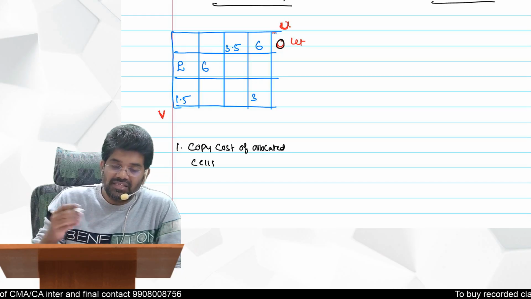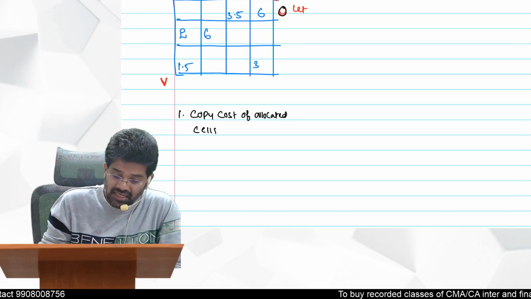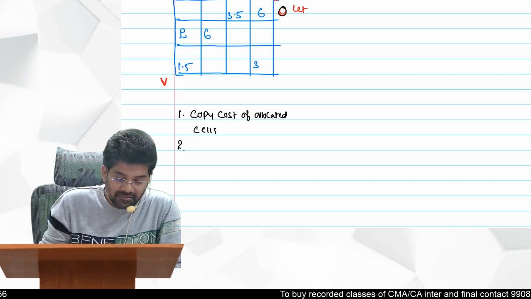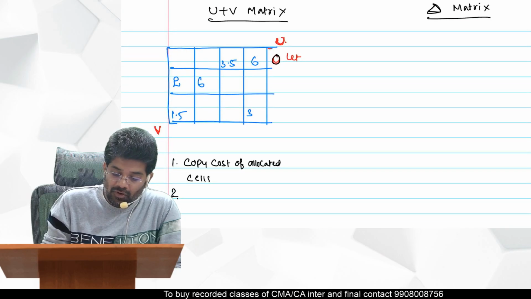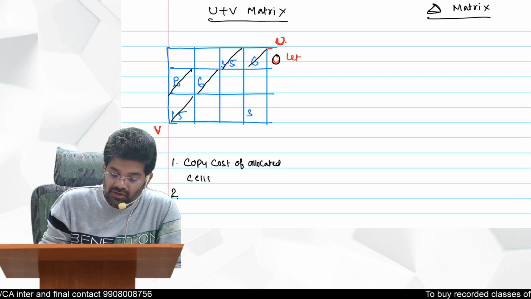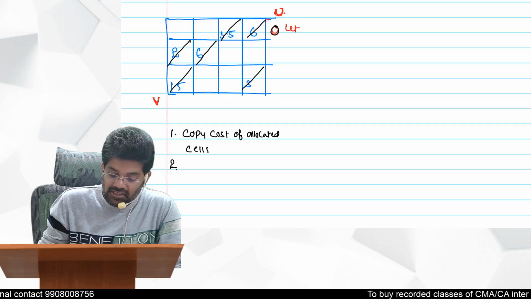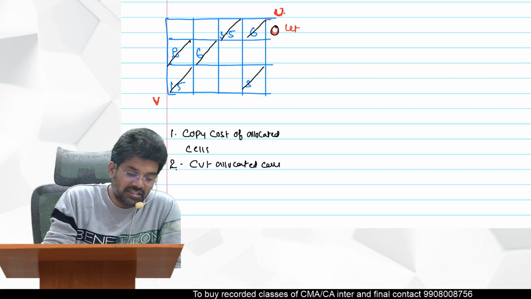Now U plus V must be equal to cost. Before we go to that, once you take this cost, you can cut the allocated cells. The reason for that is you will not have confusion. Do that, okay? In the exam it will help you.